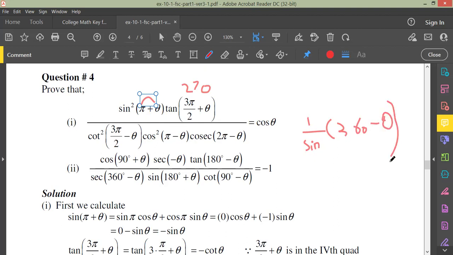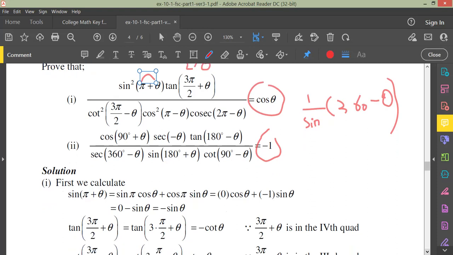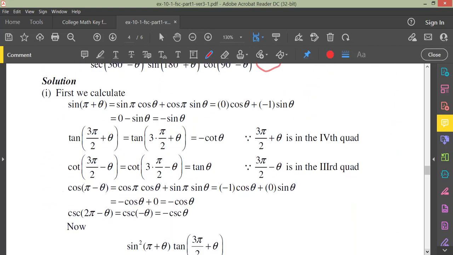So after simplification, our answer will be equal to 1. This is a simple question. This is the first part. After simplification, this will have answer cos of theta, and you can also apply the formulas here to calculate the value, which is equal to minus 1. So there is the solution for the first part.